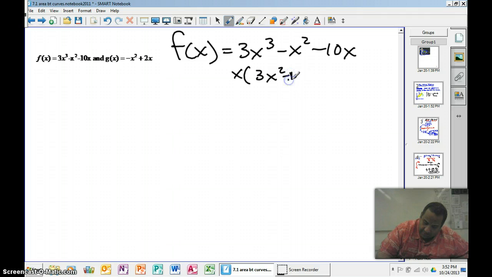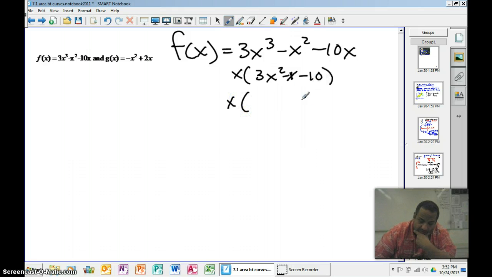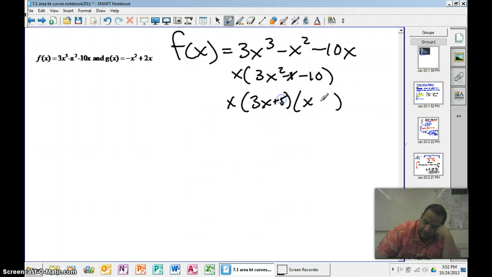Minus x minus 10. 10's 5 and 2, so this one's going to be x, 5 and 2, something like this. 3x and x. I'm not very good at this. Okay. Plus 5 minus 2. That's how we're looking, I think.